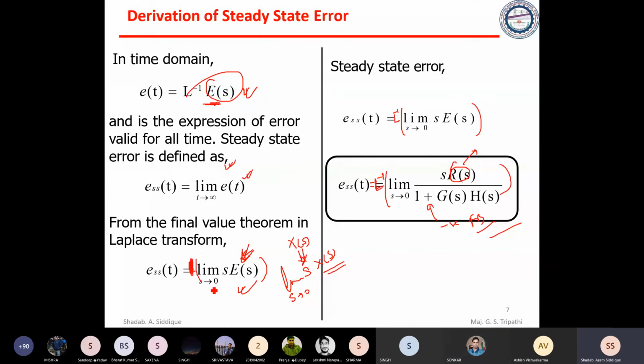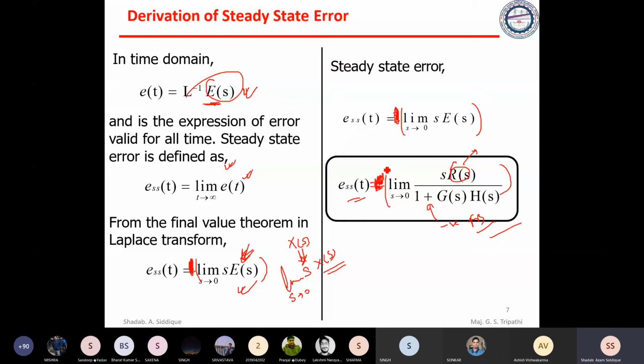See, if s is tending to 0, s will vanish out, no? Correct, that was correct. Okay, good observation. So e_ss is equal to limit s tending to 0 of s R(s) divided by 1 plus G(s) H(s). Now for different step inputs, for different values of R(s), we'll try to check how the e_ss looks like.